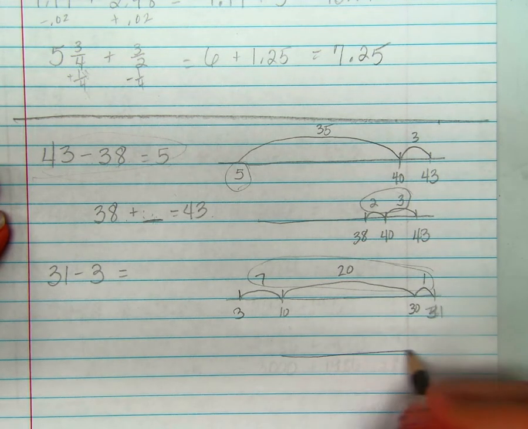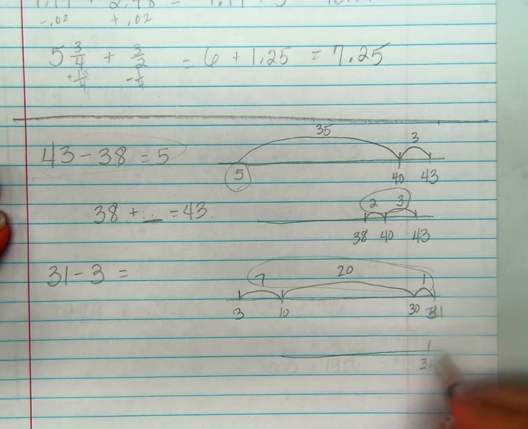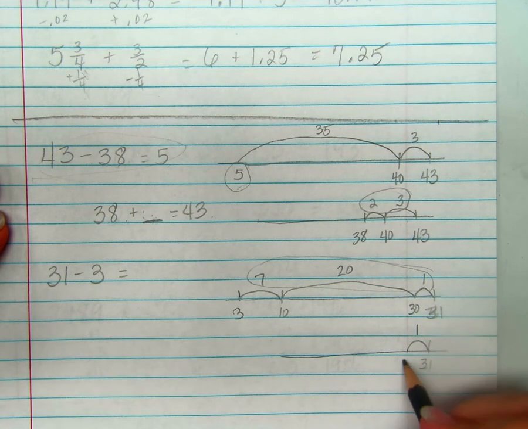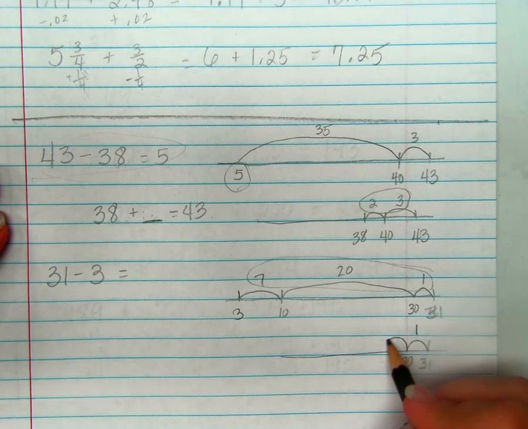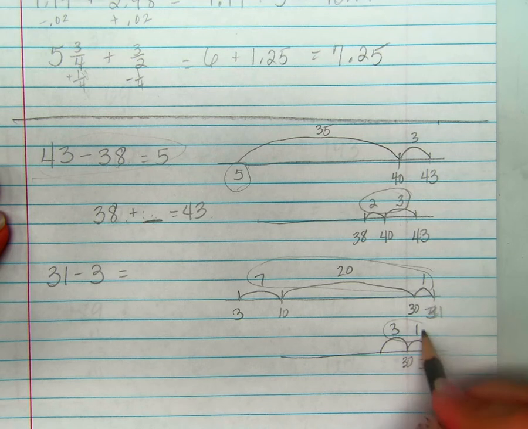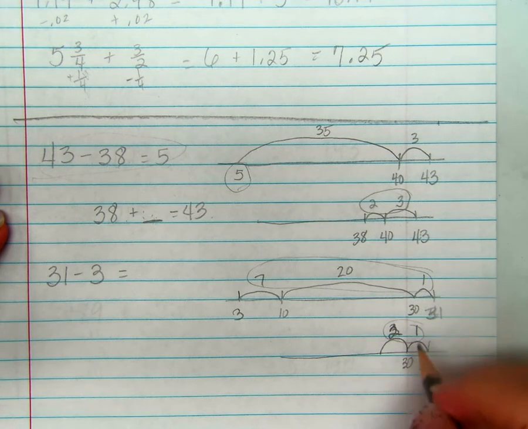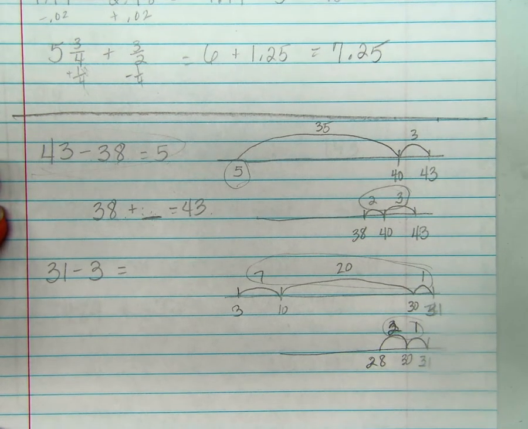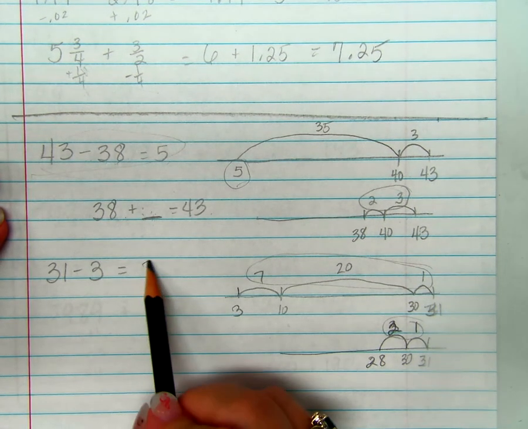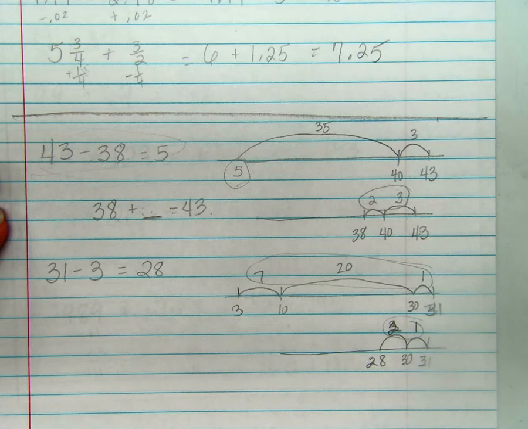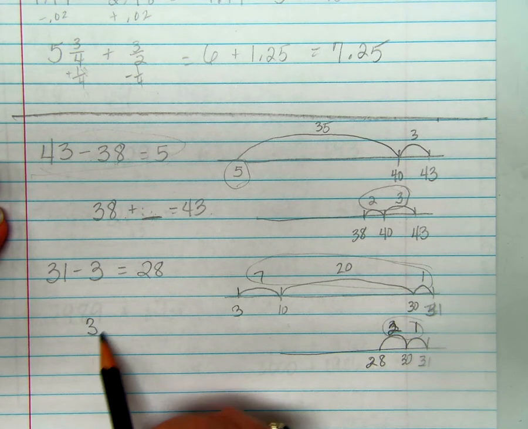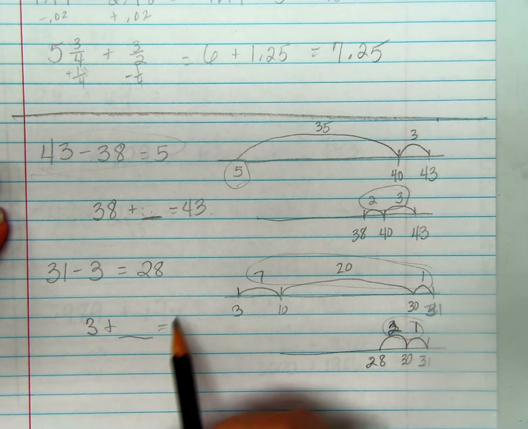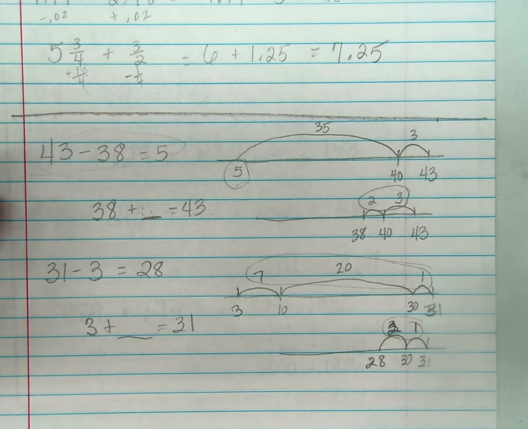Or I could start at 31 and go down 1 to 30, and then 2 more because I'm trying to subtract a total of 3. That would give me 28. Guess what the answer is? 28. Or I could say 3 plus what number gives me 31.